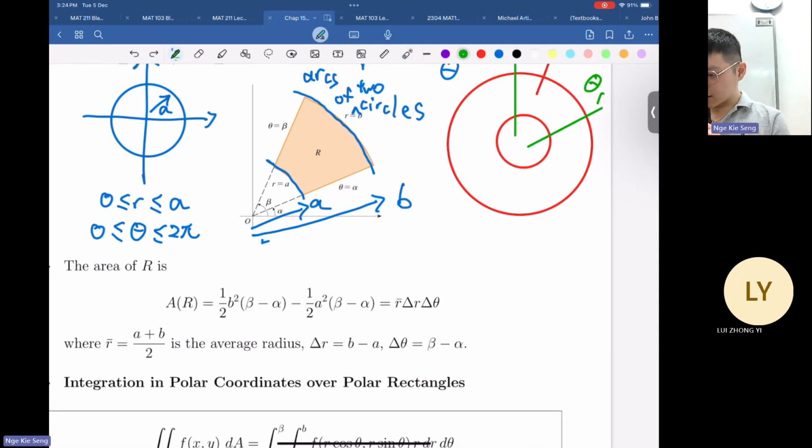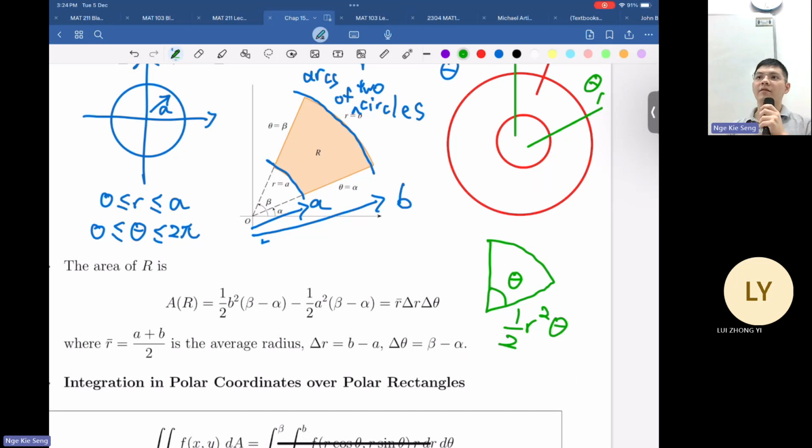Let's say this angle is theta, right? So area of a sector is what? Half r squared theta, right? Why? How to get this? You remember?